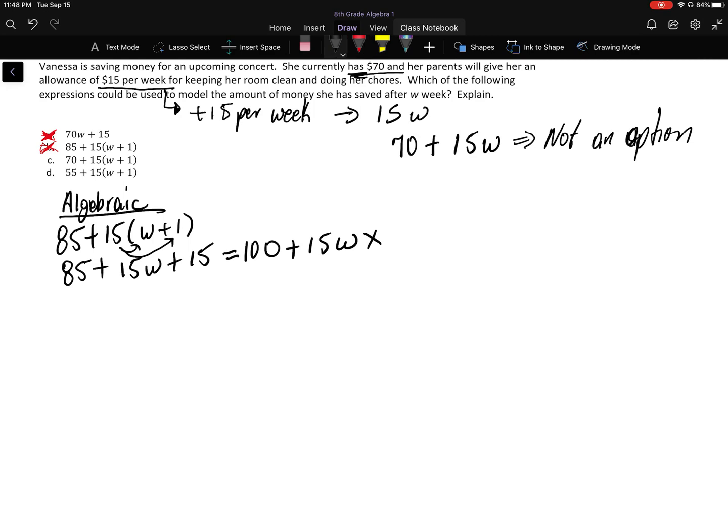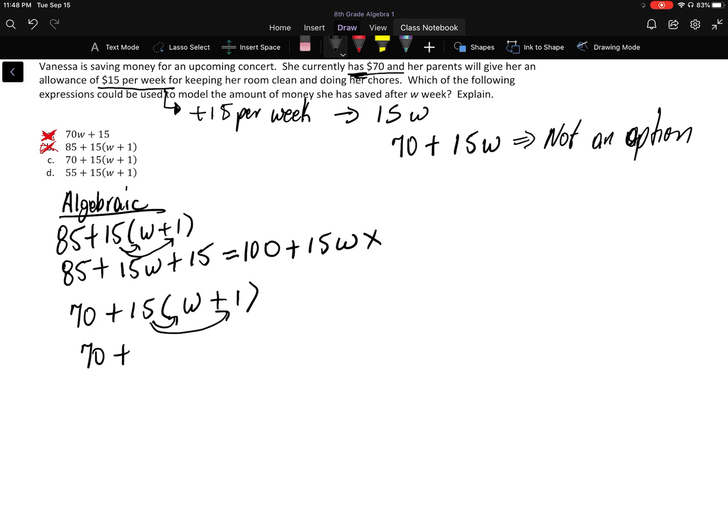The next one we have is 70 plus 15 times (W plus 1). We're distributing the 15 inside the parentheses.